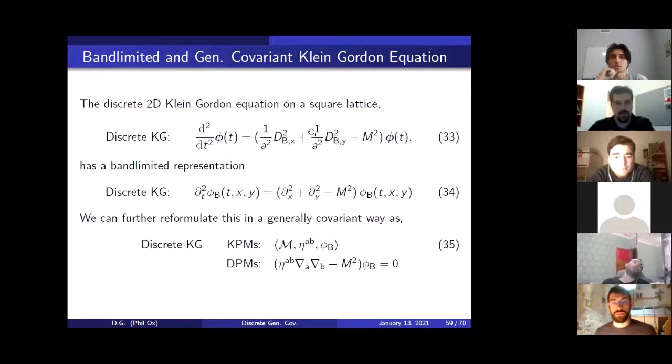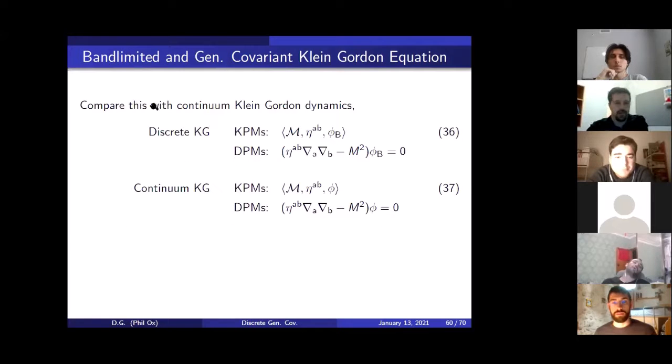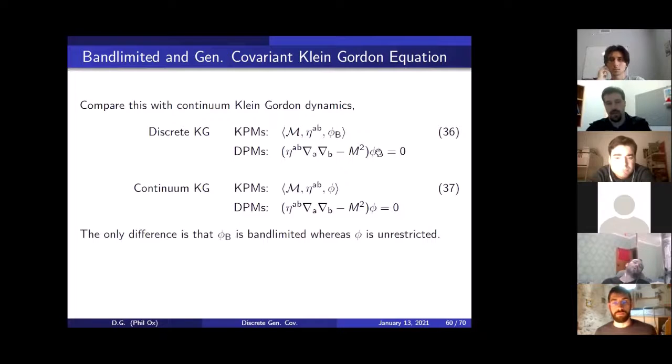And just as before, compare this with the continuum Klein-Gordon equation. So this is SR1 from before. We have a manifold, a metric, and a field, same differential equations, just with the B subscript. The only difference is that the field is band limited, whereas in the second case, it's unrestricted.